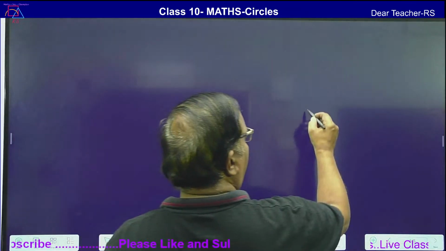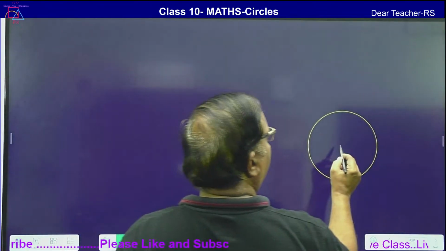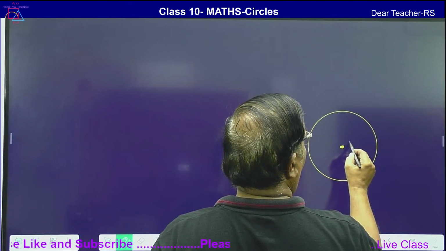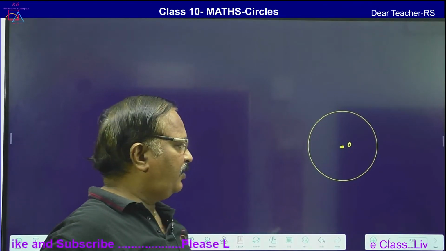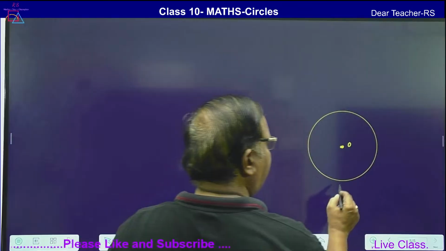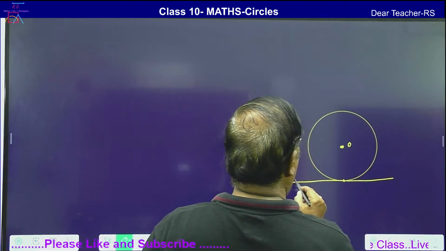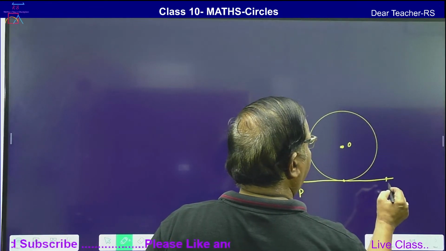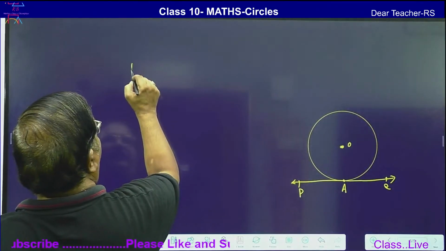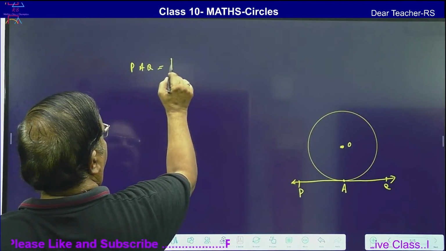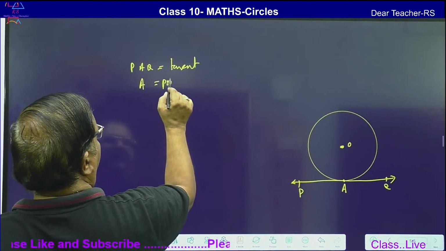So let us have one more circle with center O. Perpendicular at the point of contact means you have to draw a tangent first. Okay, PQ is the tangent, PAQ is the tangent, A is the point of contact.